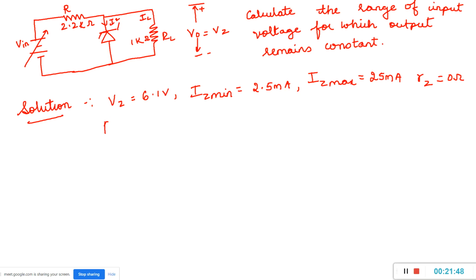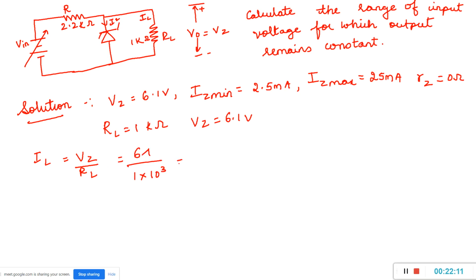Next, RL is given, 1 kilo ohm. So calculate first IL. IL is equal to Vz divided by RL, so it is 6.1 divided by 1 into 10 raised to 3, which is equal to 6.1 milliamp. So IL is constant, isn't it?